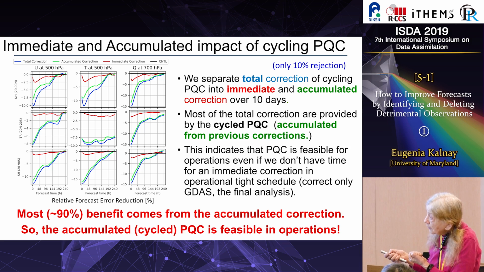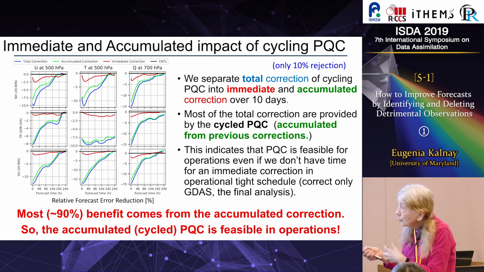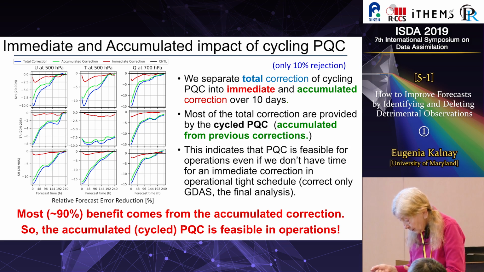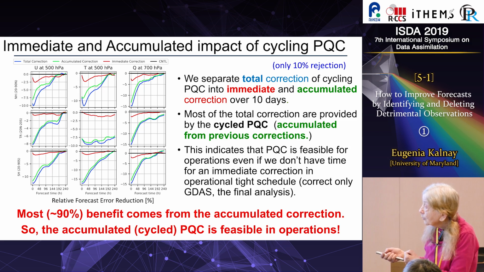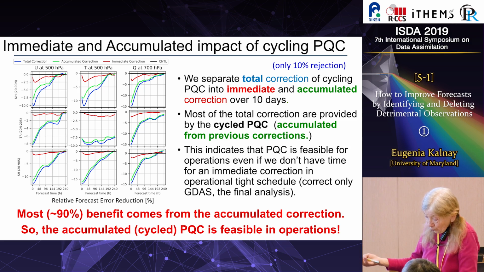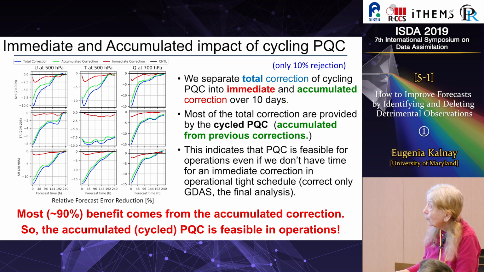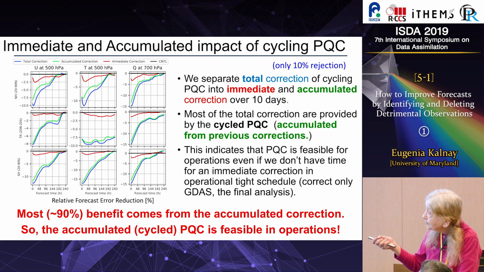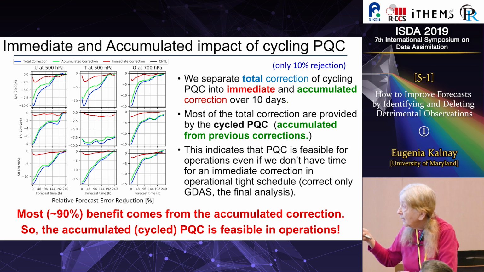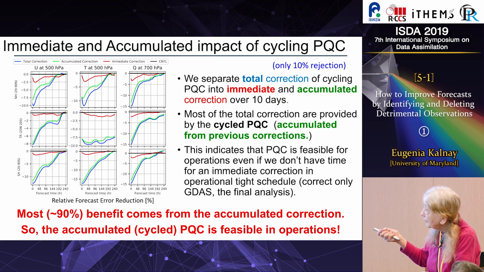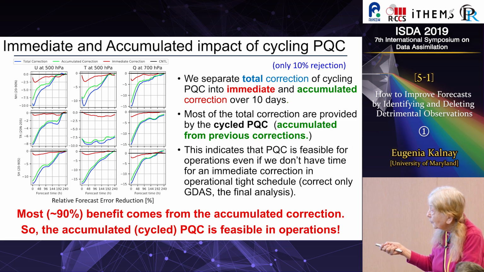For the total correction. But the total correction is the sum of the corrections that accumulated from using it before, which is in green, and then the current or immediate correction. And you can see that this is the northern hemisphere, the tropics, and the southern hemisphere.